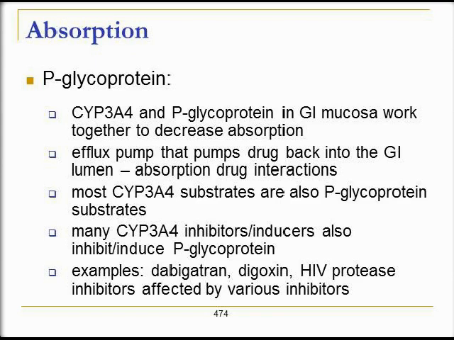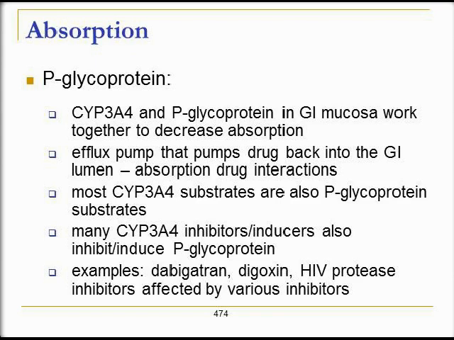Cytochrome P450-3A4 you're probably aware of, but P-glycoprotein is actually an efflux pump that pumps drug back into the GI lumen. So basically, as the drug is trying to be absorbed from the GI tract, it's a pump that's pumping it back into the GI lumen so it isn't absorbed. So it's sort of a protection from toxic substances.